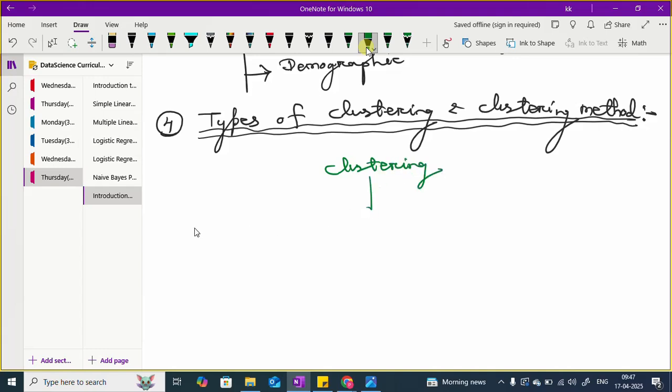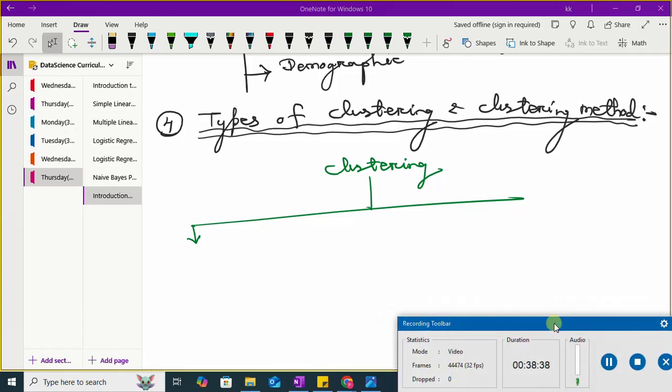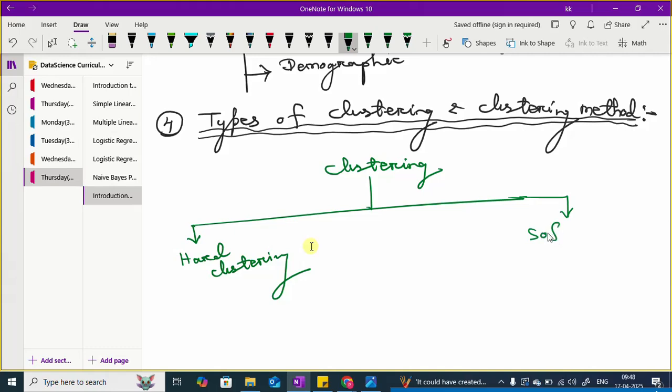One is called hard clustering, and another one is called soft clustering.